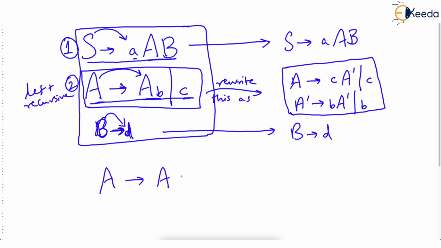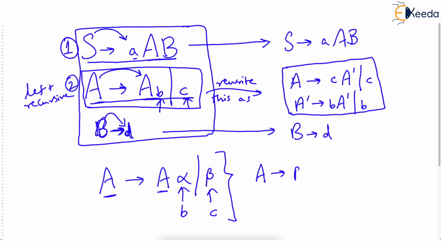This production is of the form A derives A alpha or beta, where we have A on the left hand side, A on the right hand side, and this alpha is nothing but B, and this beta is nothing but C. So how do you rewrite this to remove the left recursion? You say A derives beta A dash, or beta, and A dash derives alpha A dash or alpha.